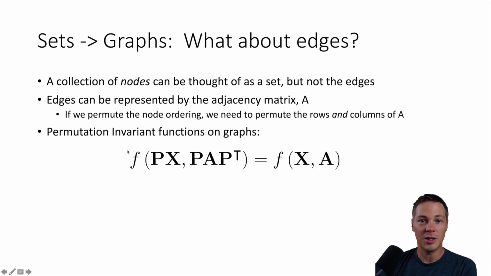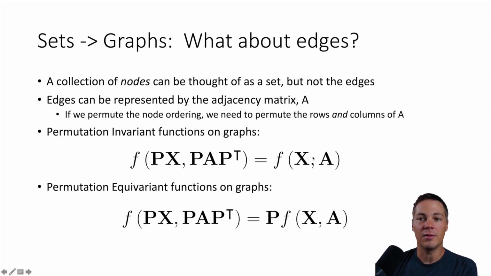So in the case of permutation invariance, we have the permutation matrix operating on X as we had before, but now we have it also operating on the adjacency matrix, both from the left side and the right side, to permute the rows and the columns. And for invariance, that would map to the same output as if you didn't do that. And then for equivariance, we have the ordering maintained so that if you do it to the input, you can also do it to the output.